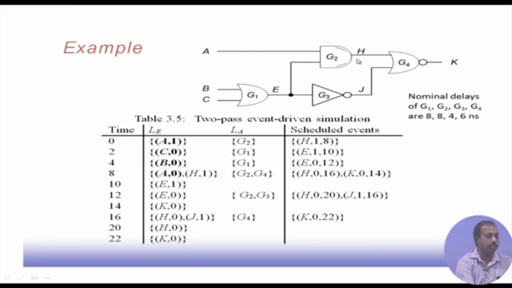So, this has to be simulated and found that it is 1, but we know that G2's delay is 8 nanoseconds. So, the scheduling of this particular event will occur at 8 nanosecond. So, this way this list will grow. Okay. So, we find out the activities and then accordingly we find out the events and they are put into this list and simulation proceeds by that.